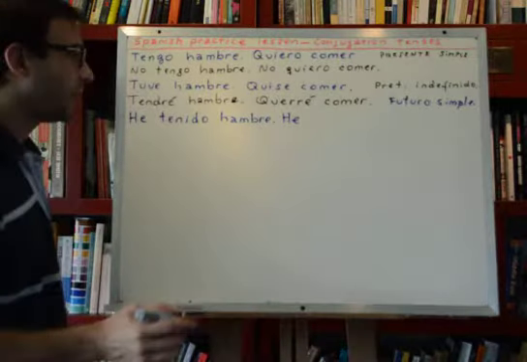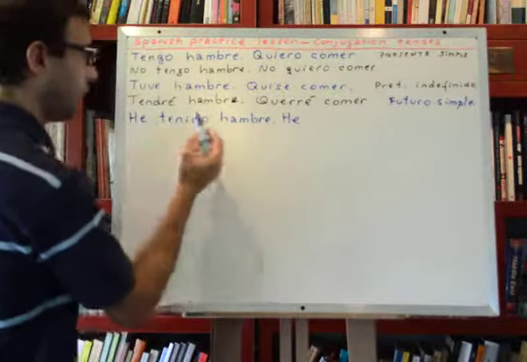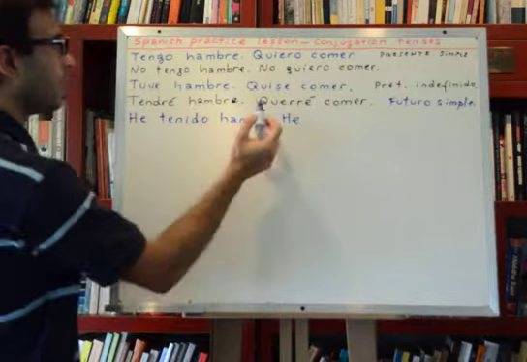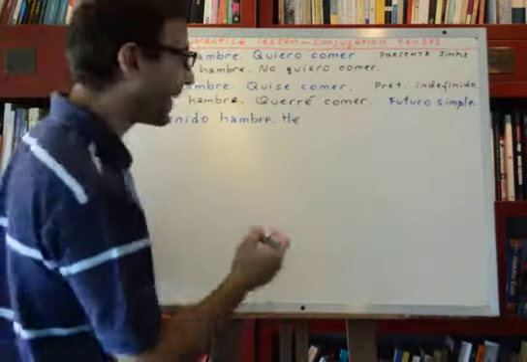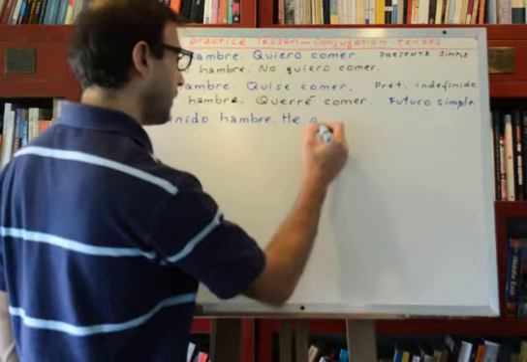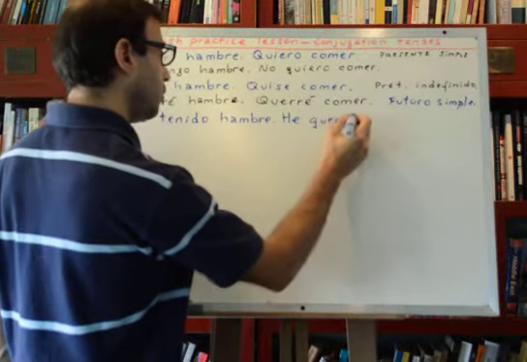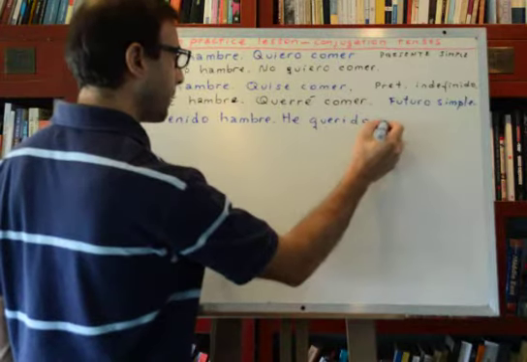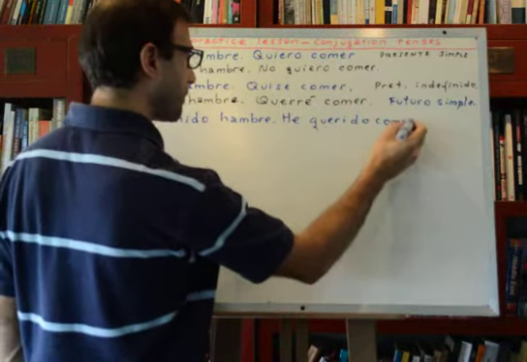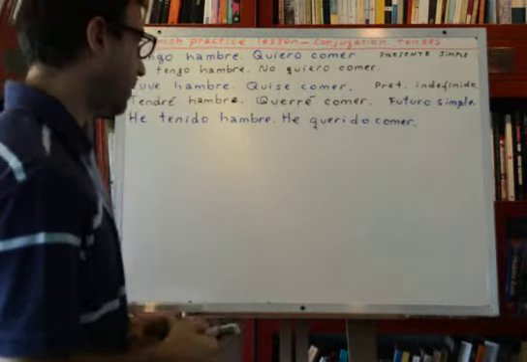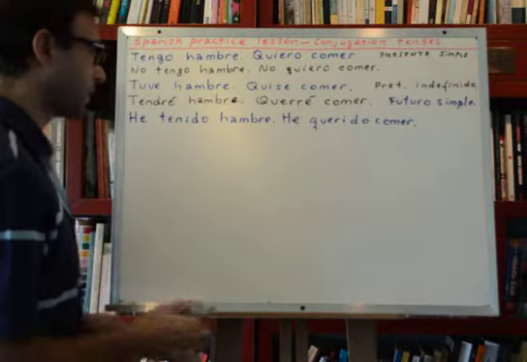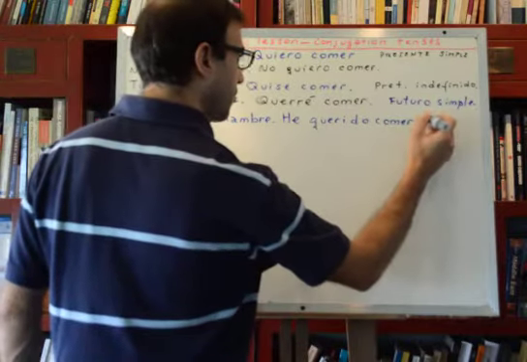Same. Only that instead of saying he tenido, we will say he querido, because it's the verb querer, to want. He querido comer. I have wanted to eat, right? So this is present perfect.